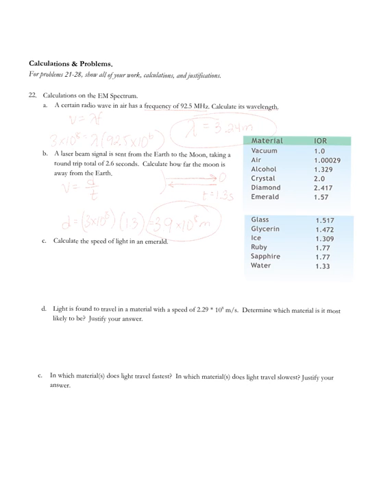The speed of light in an emerald, in this case, I'm trying to find the speed of light in a material, so I know I'm using v is c over n, where c is 3 times 10 to the 8th, and n is 1.57. And bam, answer. Similarly, I'm trying to find out a material, and I'm going to do that by solving for index.